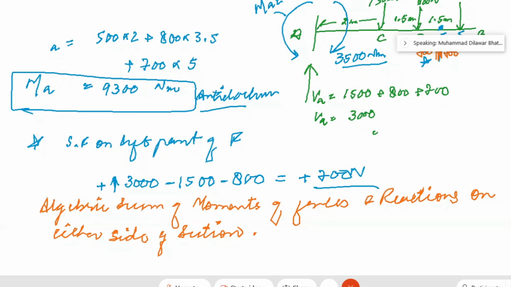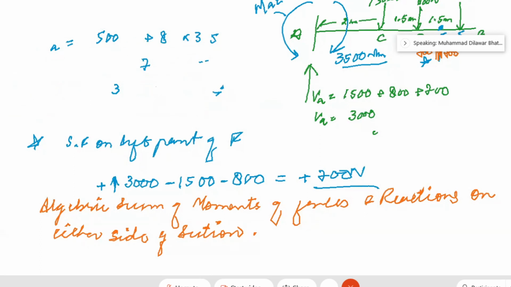This is just an example. If I want to calculate the bending moment at F, firstly I will include the right hand part.